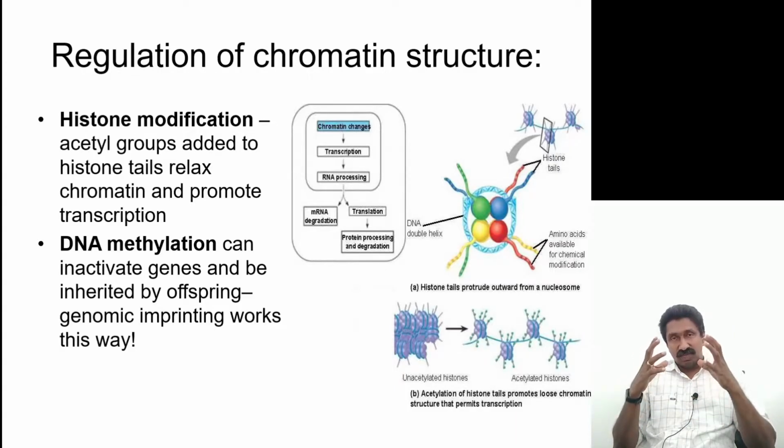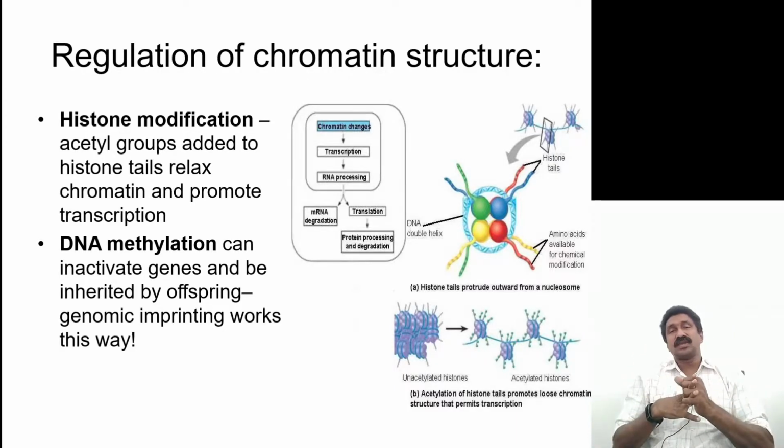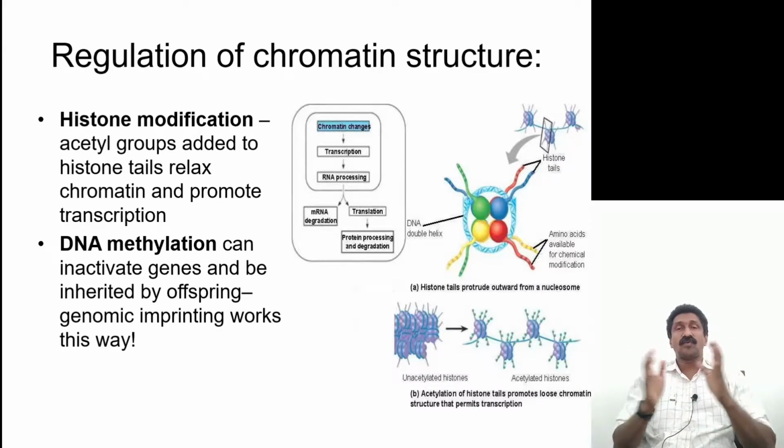So in between each and every stage, we can have some form of control or regulation of the overall gene expression process. In the first one, as we mentioned, we have the regulation of chromatin structure.